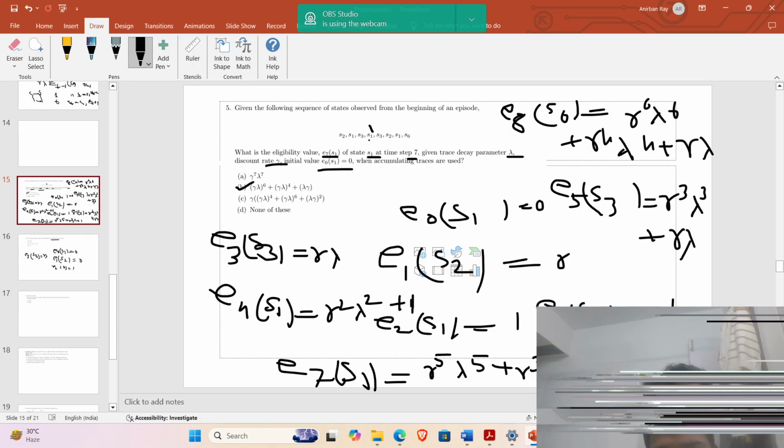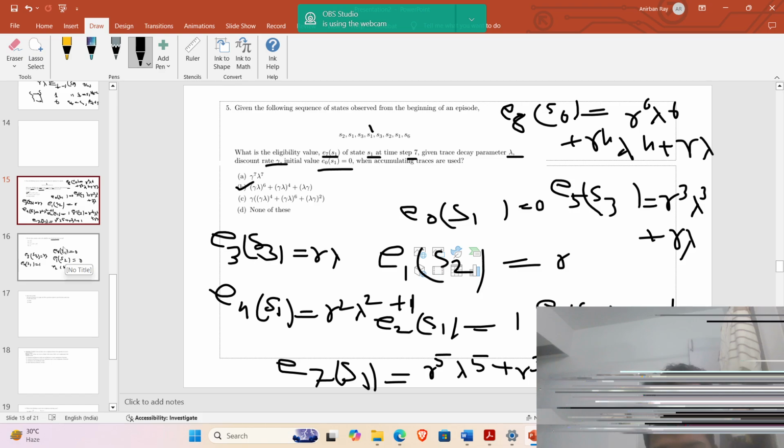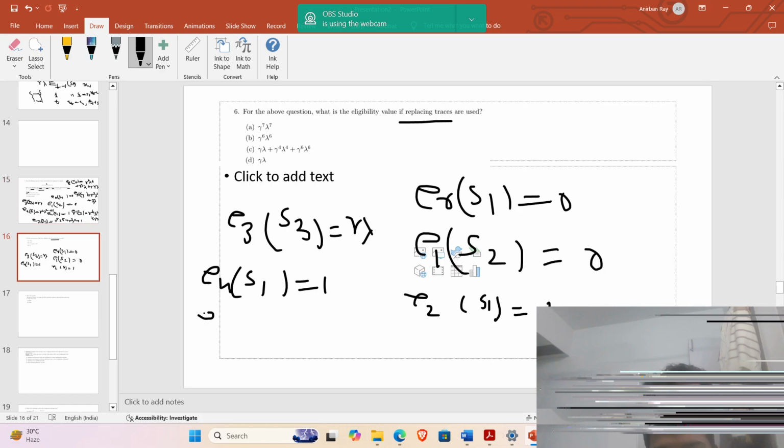And S1 again, so it becomes 1 again. S1 equals 1. Next we have S3, so E5 S3, which is not desirable, so decayed, lambda gamma.